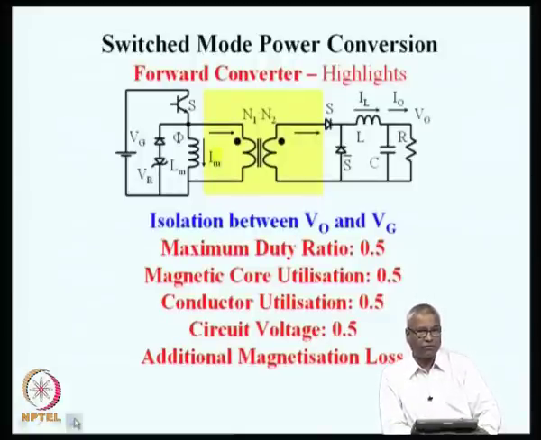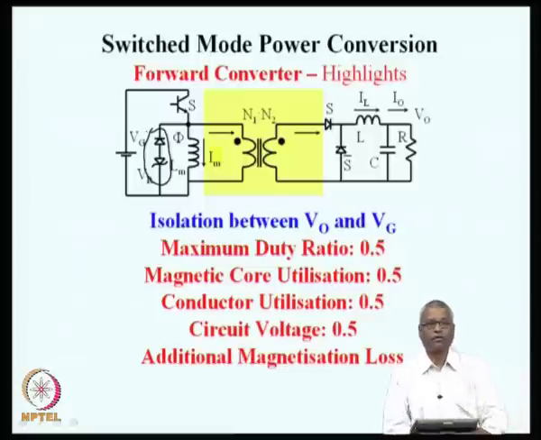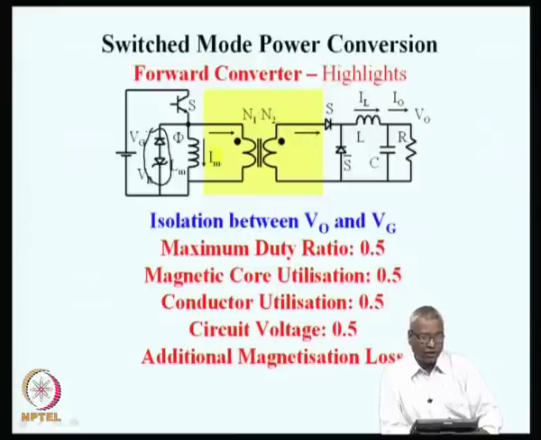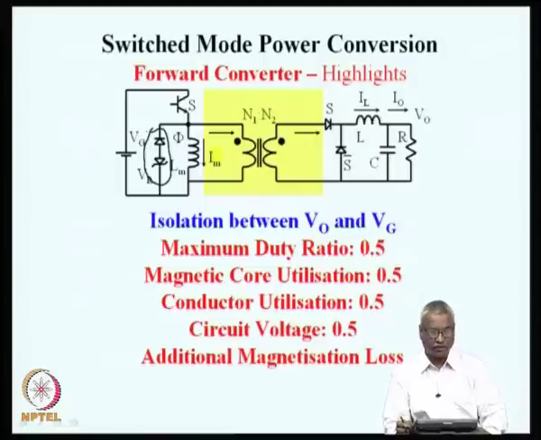This was the forward converter that we had seen in the last lecture, and it introduces a passive method of resetting through a voltage source across the primary, which ensures that the transformer core is subjected to a negative voltage during the off period, and thus the process of resetting got established.